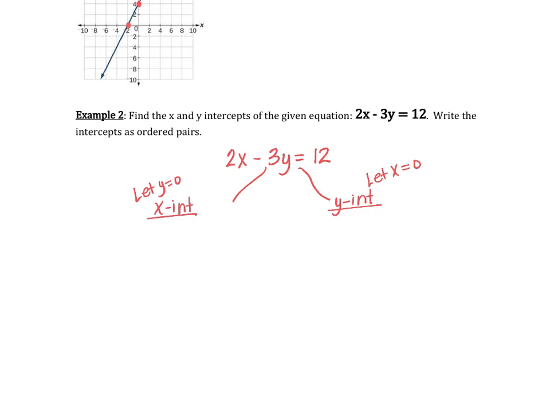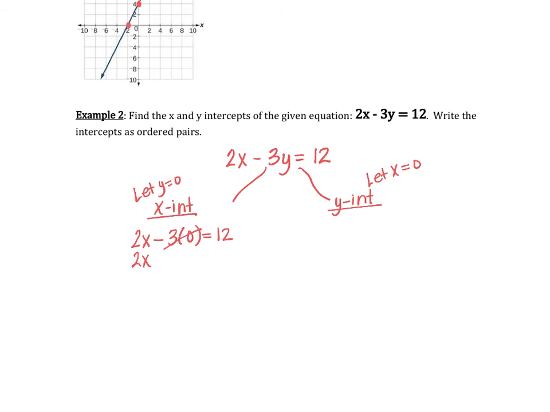So let's look at that. Take my equation, 2x minus 3y equals 12. If we take that equation and let y equal 0, we would have 2x minus 3 times 0 equals 12. Where you plug in the 0, that term actually goes away because it goes to 0. 2x minus 3 times 0 is 0, so 2x minus 0 is just 2x.